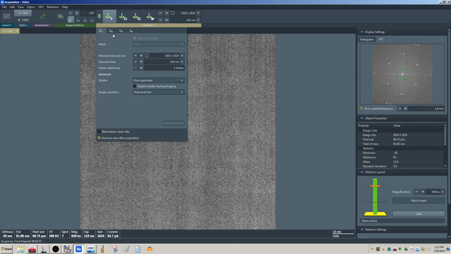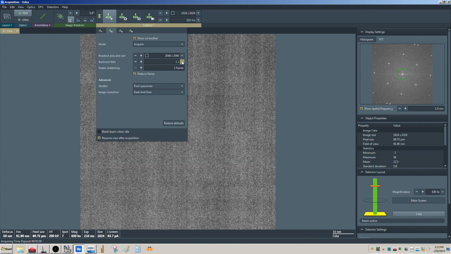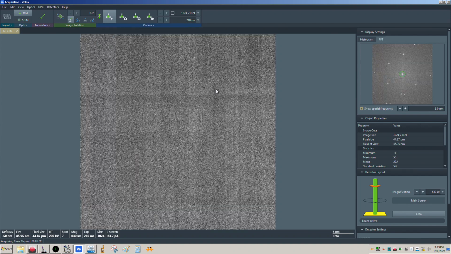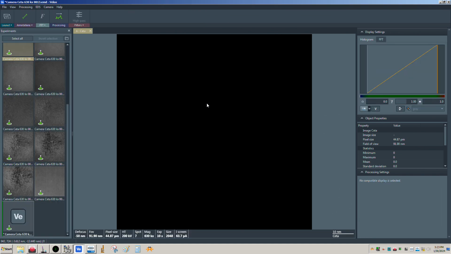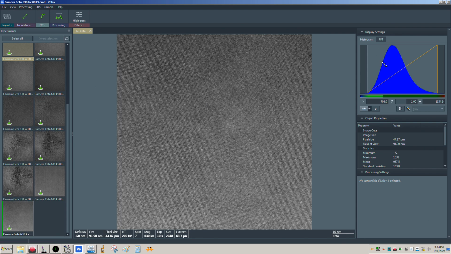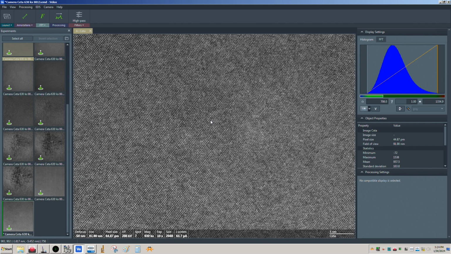We can try doing one just for the sake of argument. We can try a 10-second exposure and see. Okay, so yeah, decent signal.